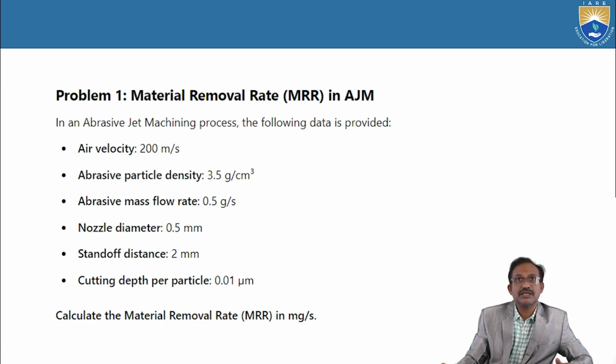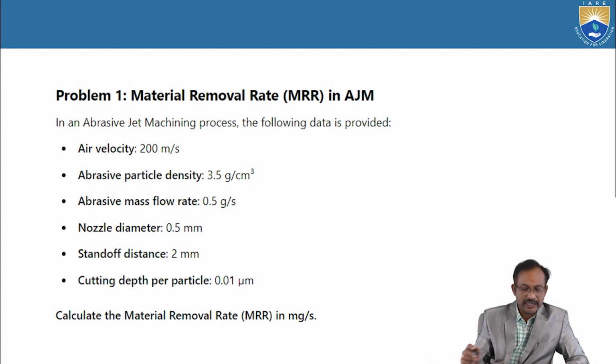In an abrasive jet machining, the following data is provided: air velocity, abrasive particle density, abrasive mass flow rate, nozzle diameter, standoff distance, and cutting depth per particle.